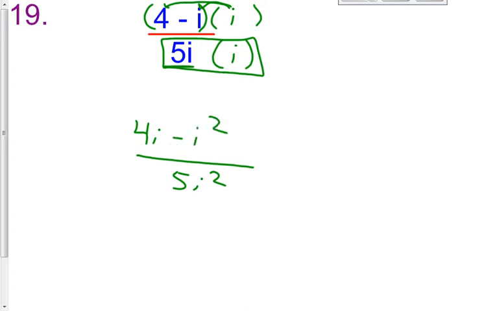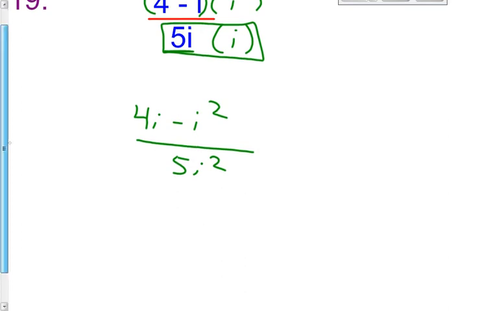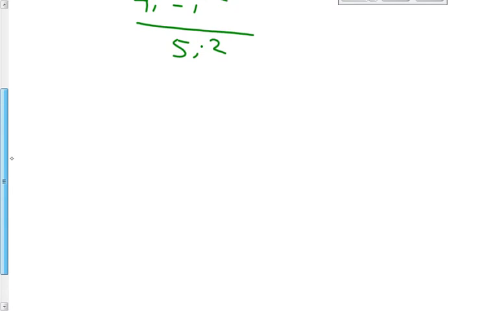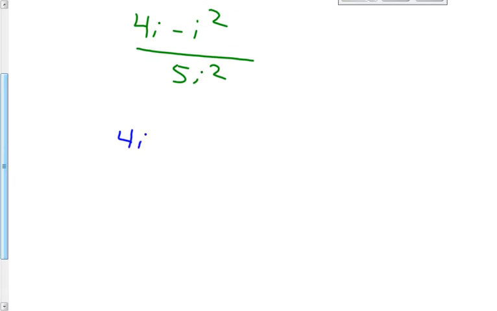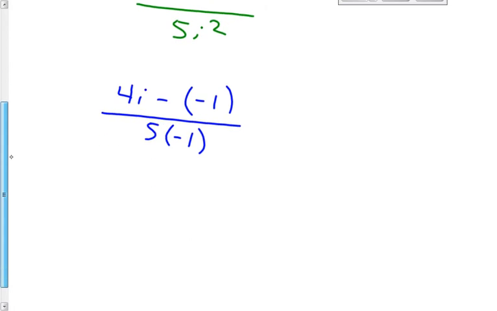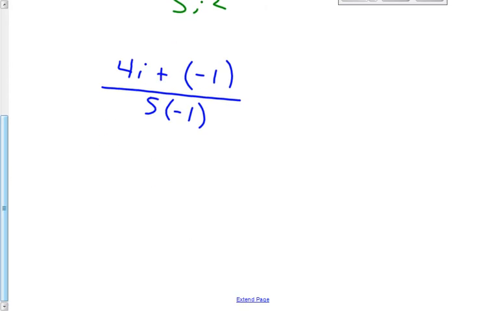Now, class, every time you see an i squared, exchange that with a -1. So we have 4i minus i squared, which is -1, divided by 5 times -1. So we have 4i minus -1, which is plus 1. So it's 4i plus 1 divided by 5 times -1, which is -5.